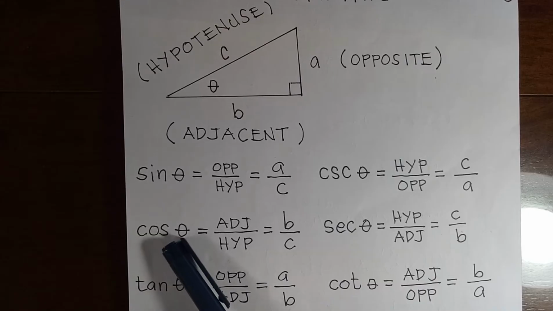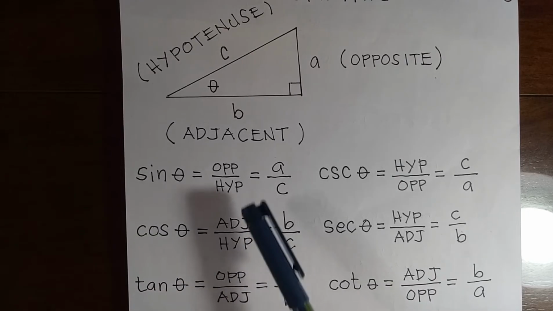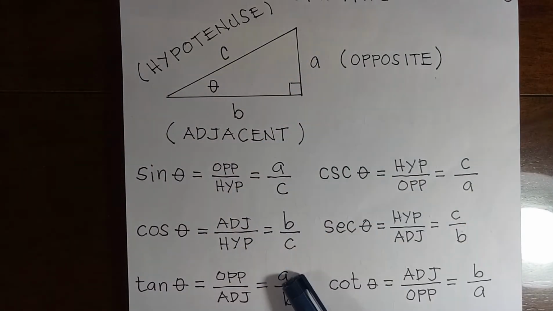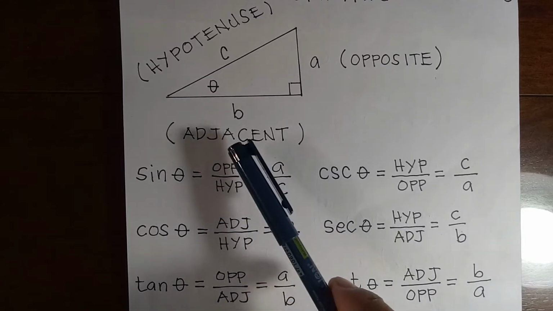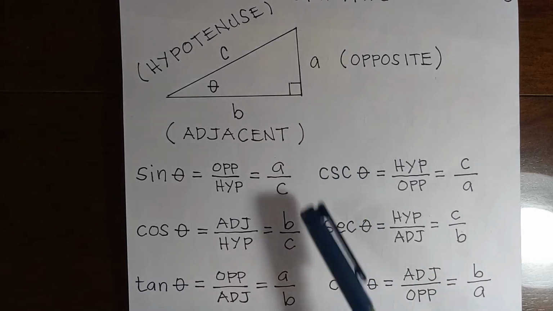And then cosine theta, this is the adjacent side divided by the hypotenuse. And then tangent theta equals opposite divided by the adjacent side.